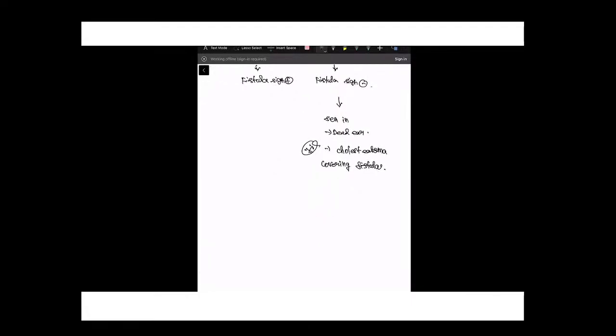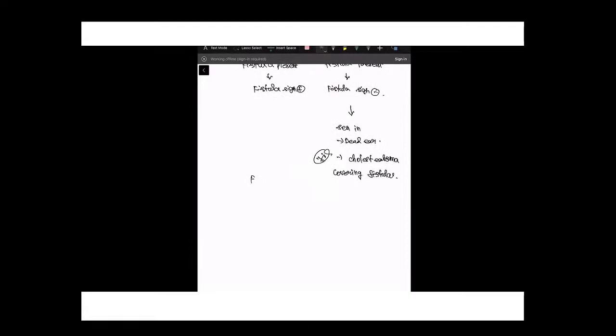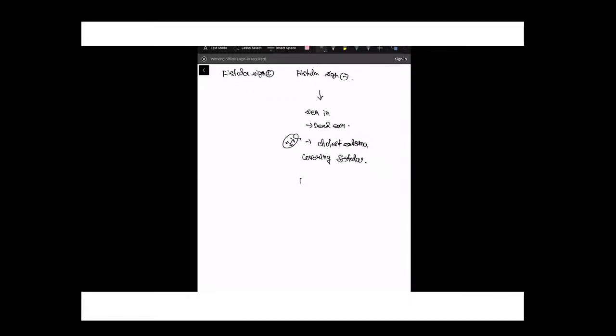And false positive fistula sign is going to be seen when there is no fistula.